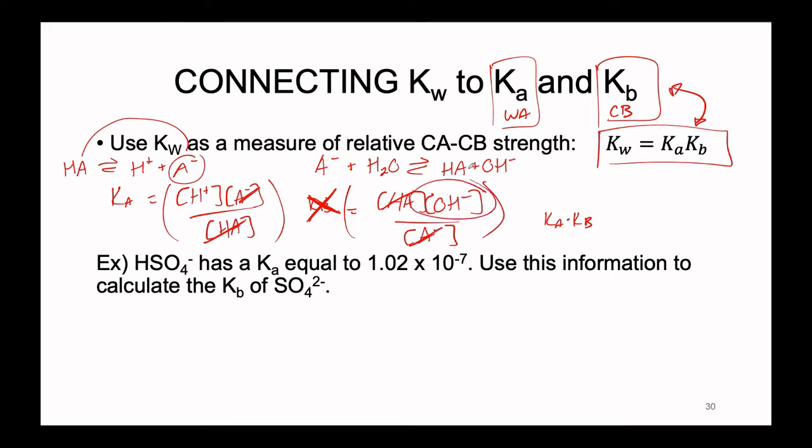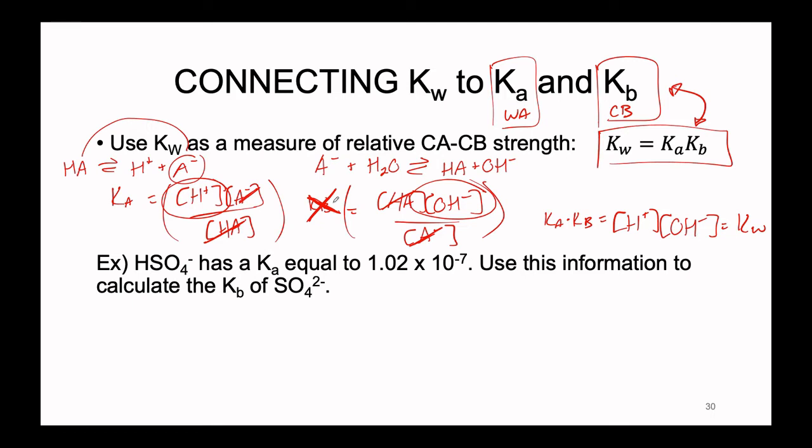And what this is going to leave us with is H plus times OH minus. So here's our concentration of H plus times concentration of OH minus, which is exactly equal to our definition of Kw. So here we can see again, so long as we are using a conjugate acid-base pair's Ka and Kb, the multiple of these two equilibrium constants will be equal to the special equilibrium constant for water.